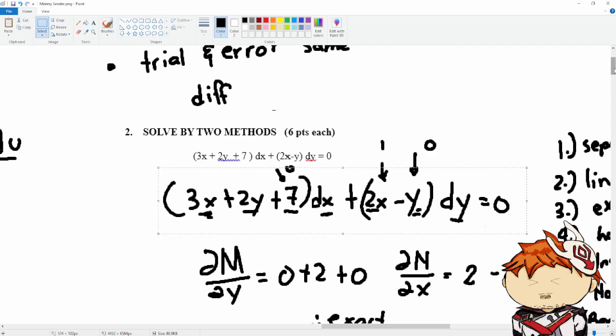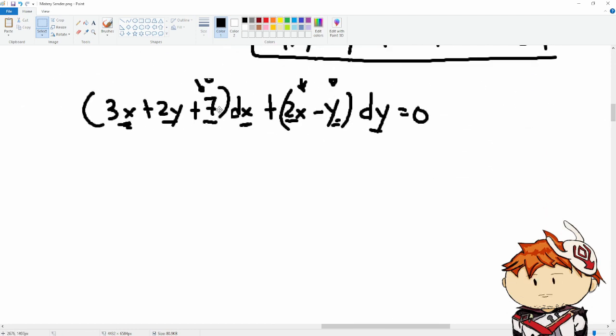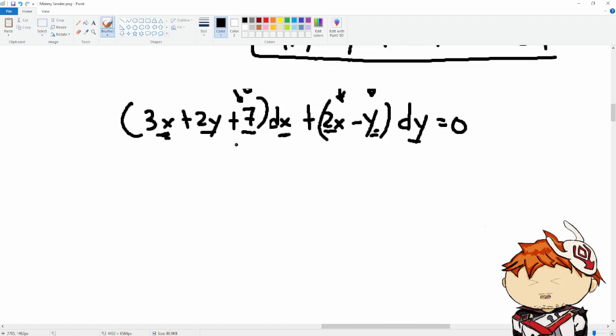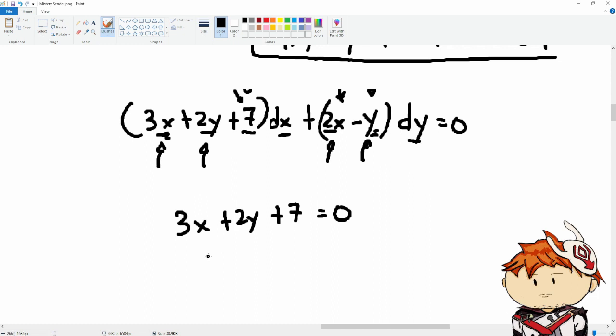Okay, so it is linear in 2 variables. Your x is first degree, your y is first degree, your x is first degree, your y is first degree. So it is linear. Plus 2y plus 7, that's basically a line. 2x minus y is equal to 0.